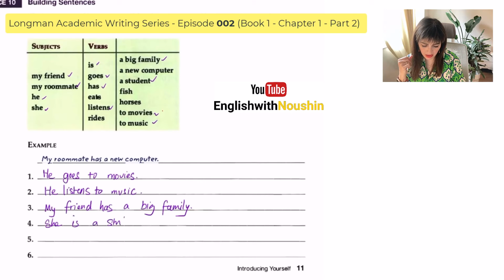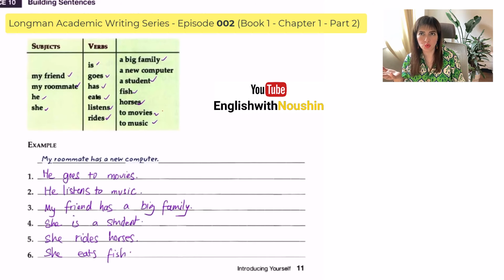She is a student. And she rides horses. And she eats fish. Cool. These are my sentences.